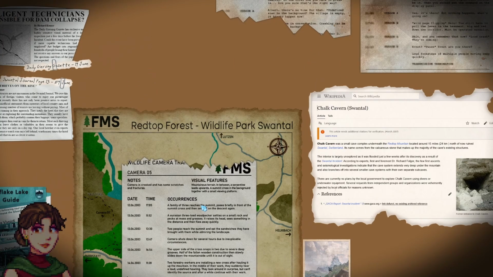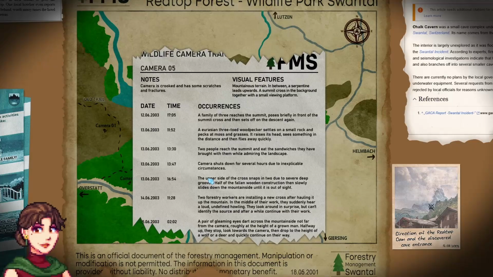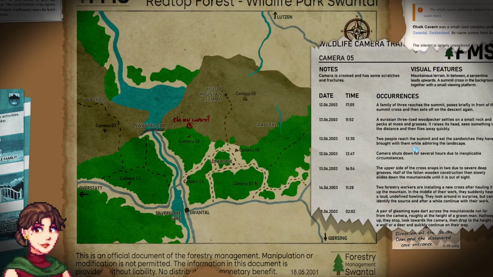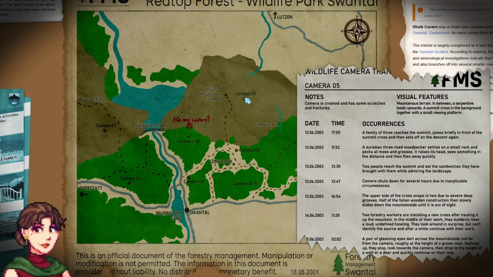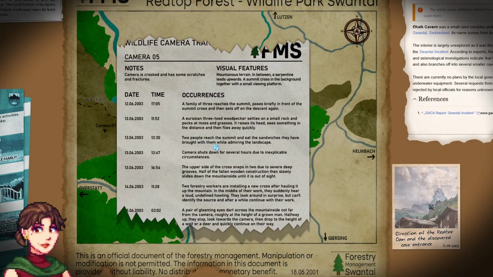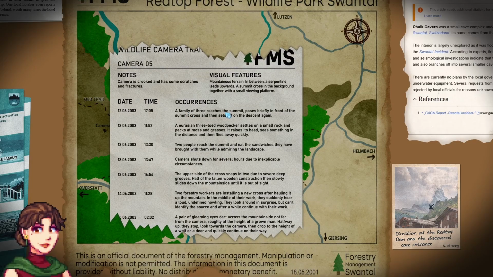Interesting. Okay. Well, let's take look-sees. Camera 5. Okay, where's camera 5 on here? Okay, so up here at the red top mountain summit. Family of 3. No, that's not what we need. We got some woodpeckers. 2 people. Nope, camera shuts down for several hours due to inexplicable circumstances.